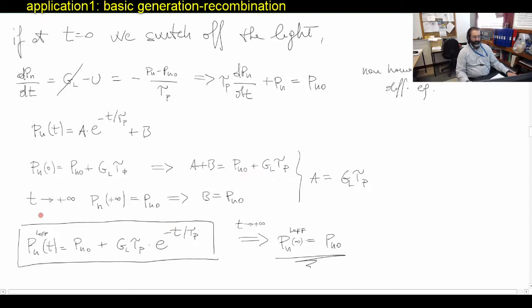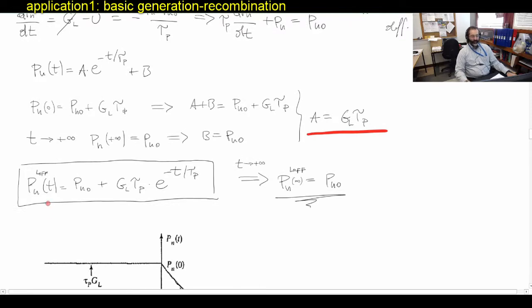And we can see that when t goes to plus infinity, this term disappears, and so Pn infinity must be equal to B, but this must also be equal to Pn0 effectively, because when we switch off the light, the semiconductor will eventually go to the thermodynamic equilibrium value. And so the other condition is this one here, for example. From this system of equations, we find out that A must be that. And so the final solution when the light goes off is this one here. Note that when t goes to infinity, obviously we recover the thermodynamic equilibrium.